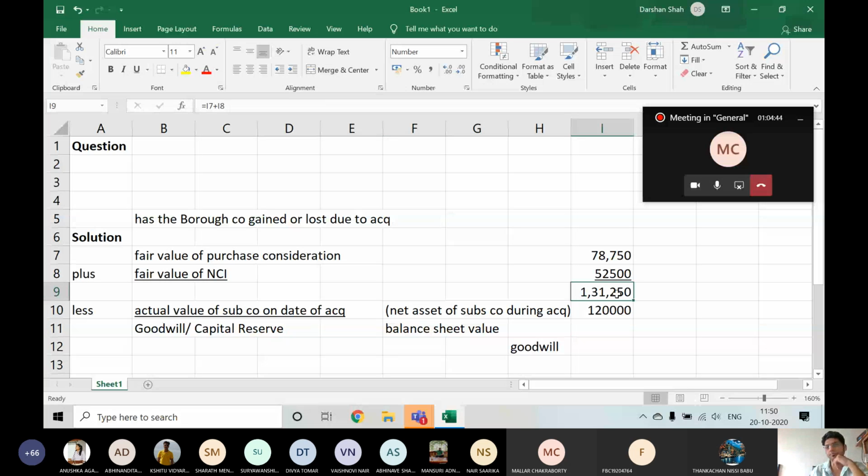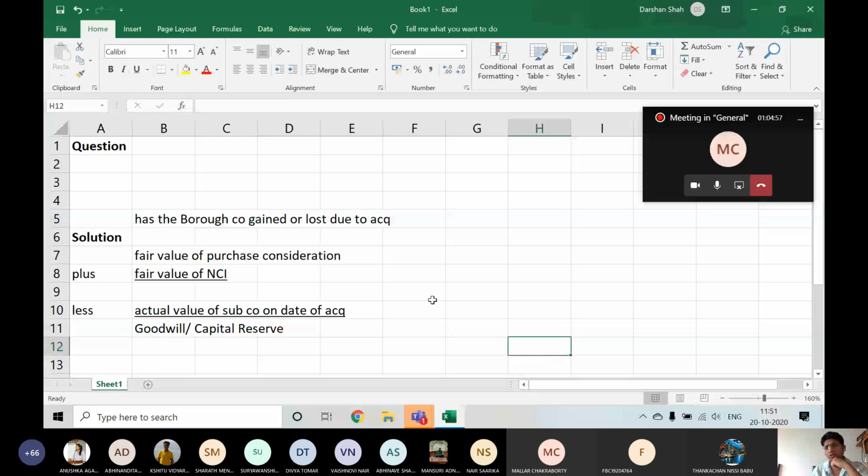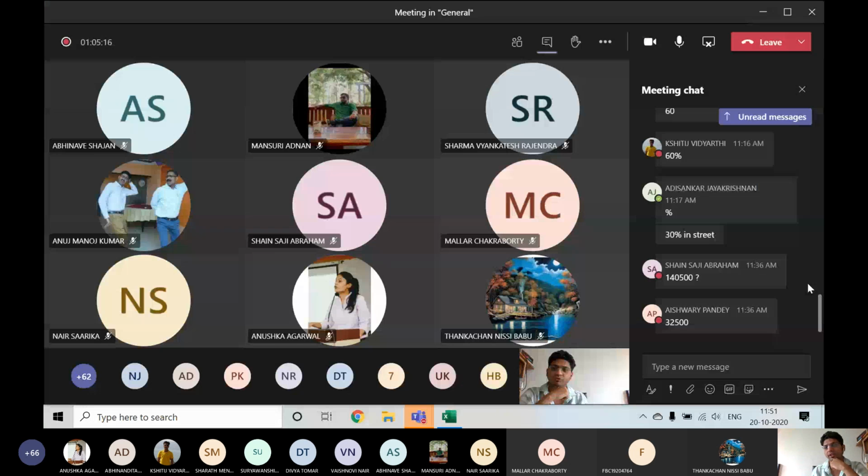Yes, sir. It's clear now about all this goodwill and capital reserve. Only 3-4 of you are replying. What about the others? Out of 78 participants, only 3 to 4 are replying. Others, you are just logged in and gone away or what? How many of you are actively listening? Just put active in the group chat if you are listening actively.